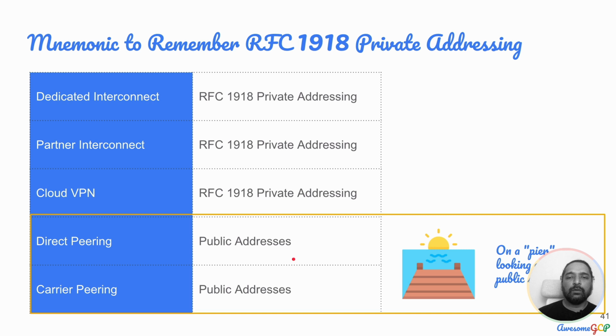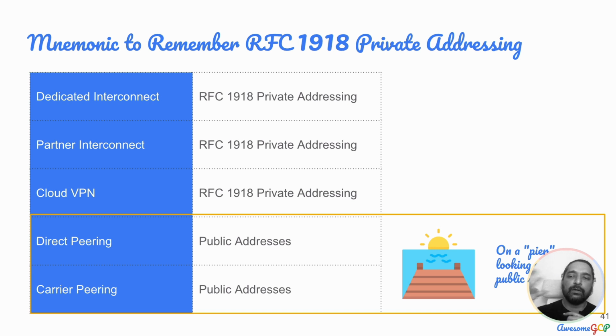One way to remember this might be the word peer. There is another spelling and meaning for the word, pier, which is the board that juts out into the lake or the sea, and then you're looking out into the public space.